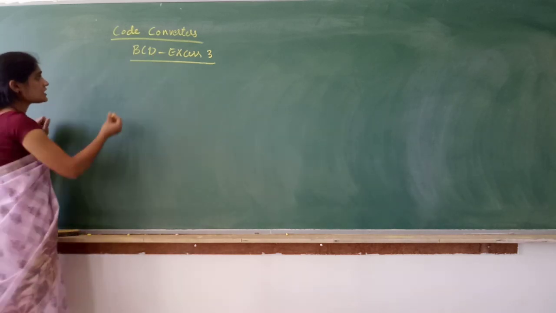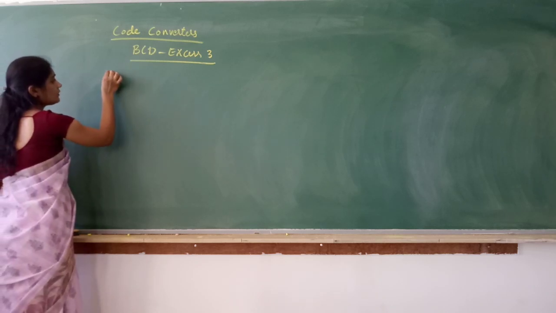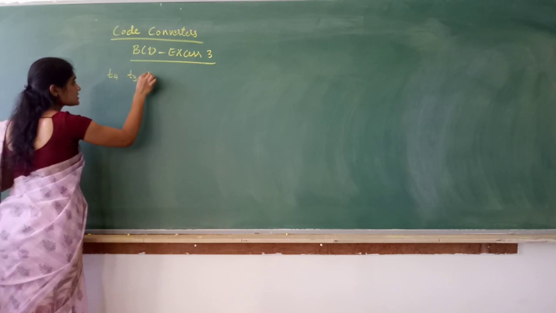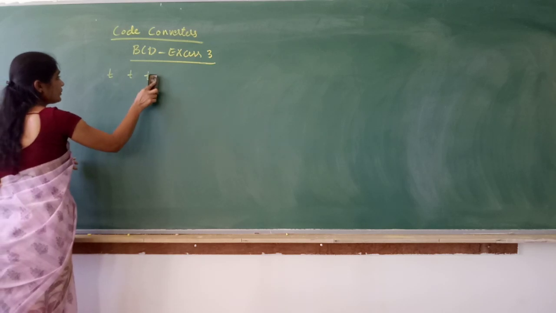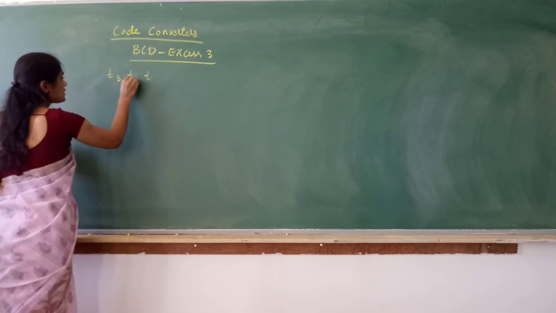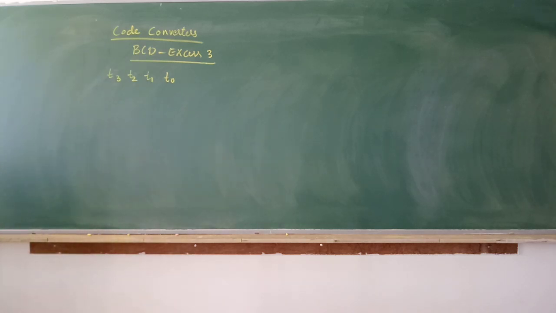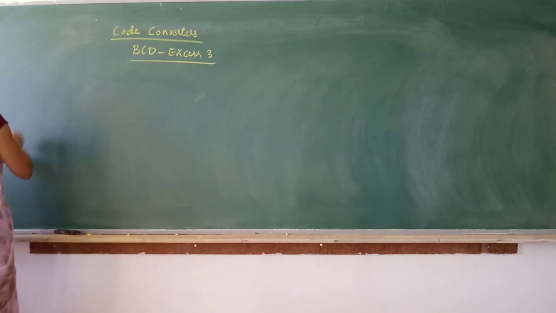So now for BCD to XS3, let me call the input T3, T2, T1, T0. I'll take some of the color choppers. So this is the input I have written here.